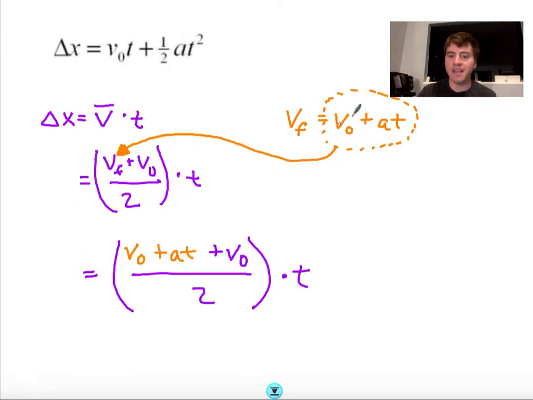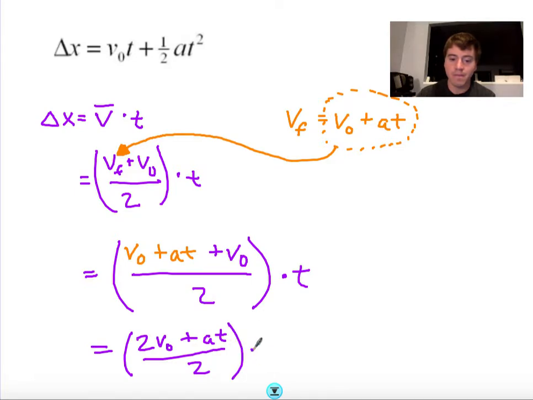So all I've done is taken what we already know. This is one of our equations. I plugged this in because it equals the final velocity. So I put that in place for the final velocity here. All right, well now I've got initial velocity plus initial velocity, and that's 2 initial velocities, plus acceleration times time, all divided by 2, all times time.